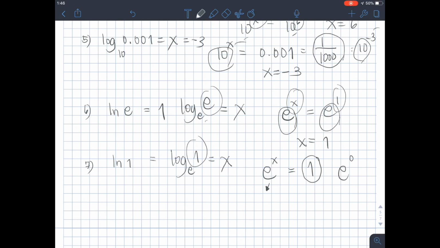Kasi any number nga raised to 0, kahit natural number yan na base, mag-equal pa rin yan sa 1. So since pareho na silang base, pwede na natin equate yung exponent nila na x saka 0. So therefore, x is equal to 0. Okay, so therefore, the natural logarithm of 1 is 0.